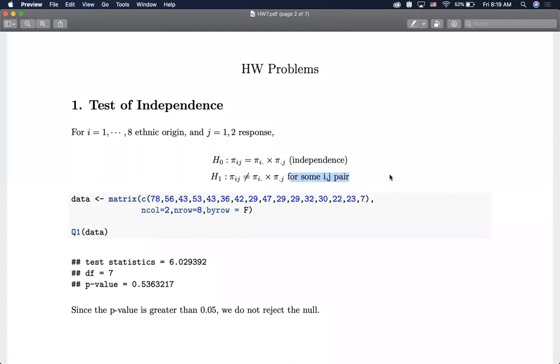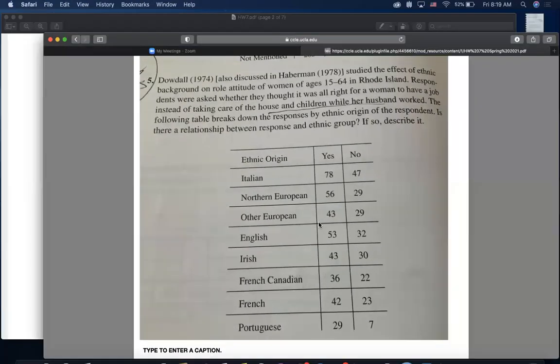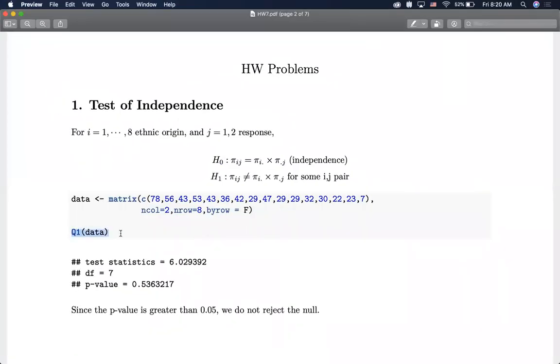So basically, if there's at least one ij, then this will very likely be rejected. So input the data set, and this will give you exactly the same table here. Call the function on this data set. It will give us a p-value greater than 0.05. Do not reject the null. Any questions?